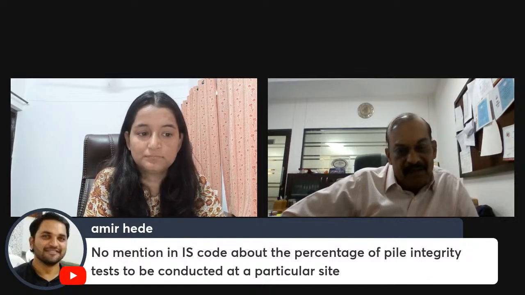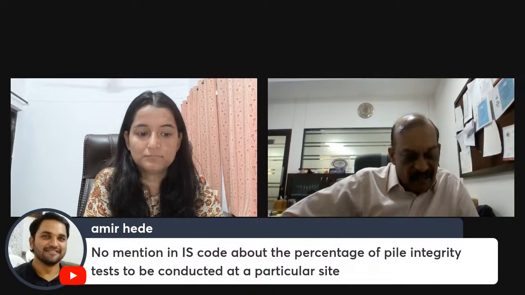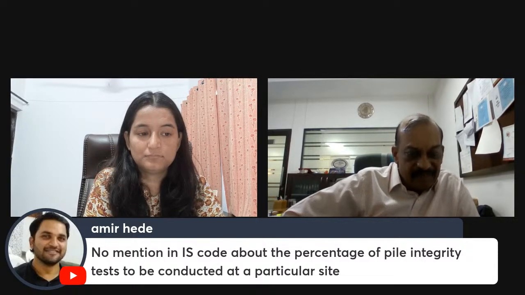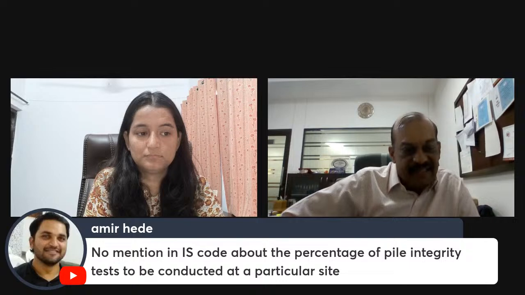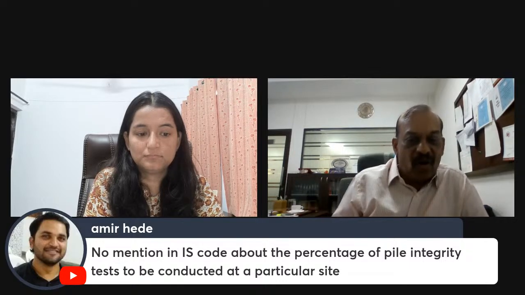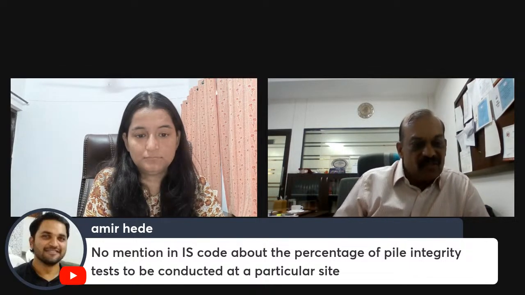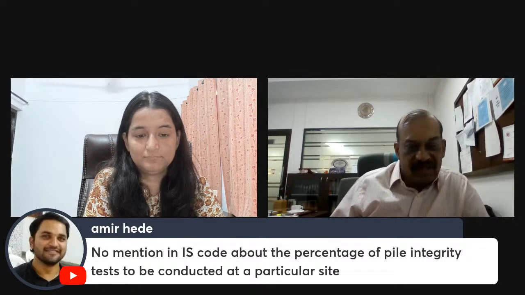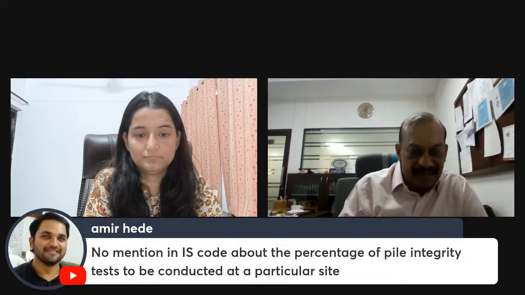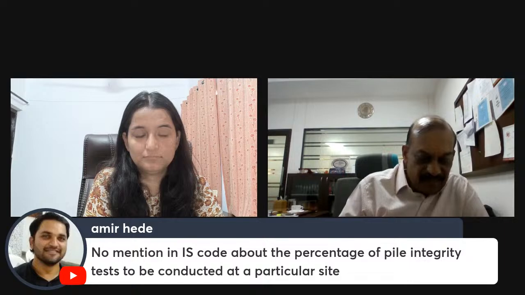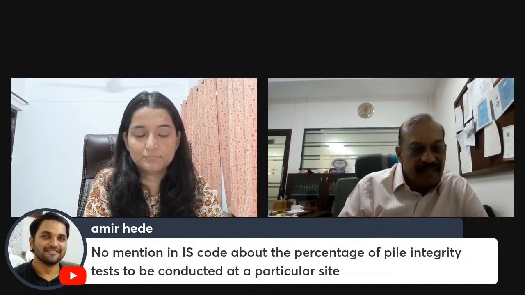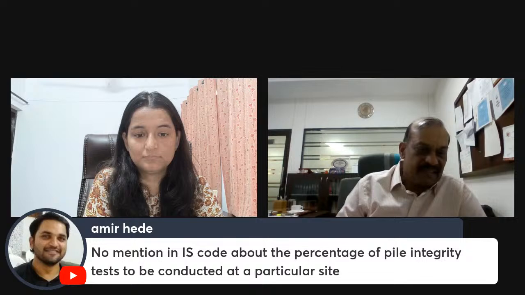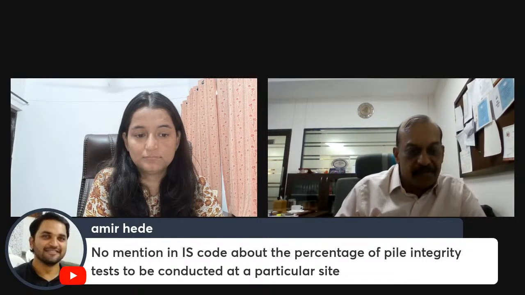We were debating about it, but the opinion from various experts was that let us first get this as a part of the system and then talk about the percentage. So we did not want to insist on 100% or 20% or 50% or any percentage, but it is important, and many companies like NTPC and others nowadays demand 100%.